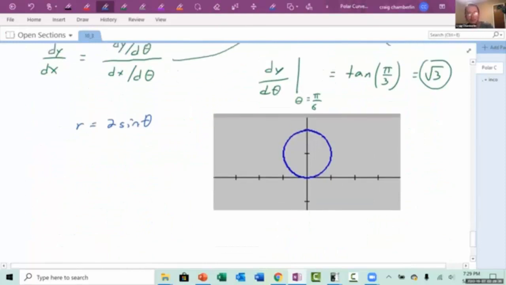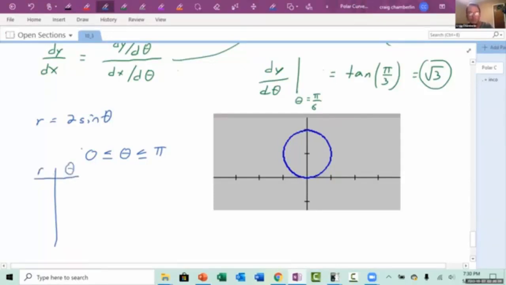And it is traced out as theta runs from 0 to either pi or 2 pi. That's usually the boundaries. I think it's going to be pi, and you can check it real quick. So even though we graphed it on the calculator, let's check it by hand just to give us an idea of how this thing is traced out. So r of theta. Look, if I plug in 0, for sine, I get 0 popping out, don't I?